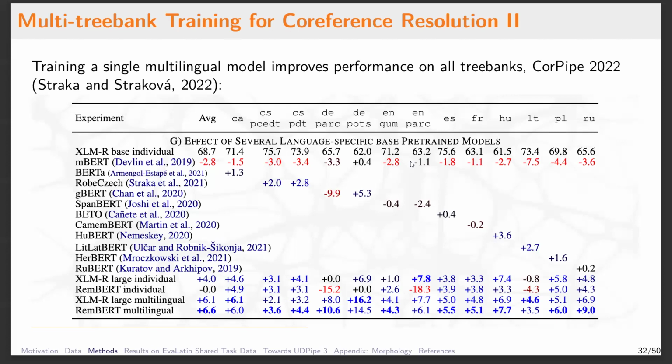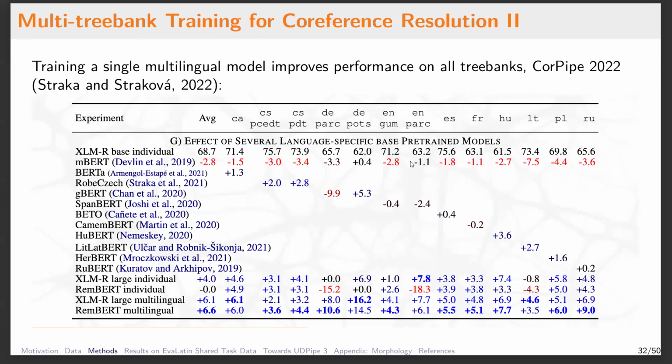The last 4 lines is what is interesting to us. So this first line, the 4th from the end, is when you go from a base model, Roberta multilingual, to large model, and you see that's also not surprising that you have some nice gains just for increasing capacity.